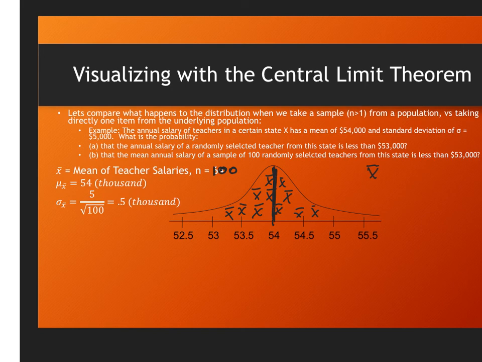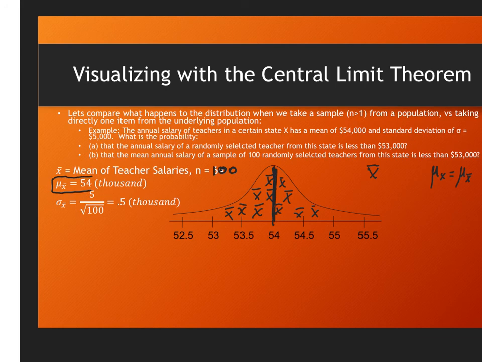Again, the mean of the teachers will be equal to the mean of their samples of size 100. And over here we have that the center of my curve is still at 54,000.